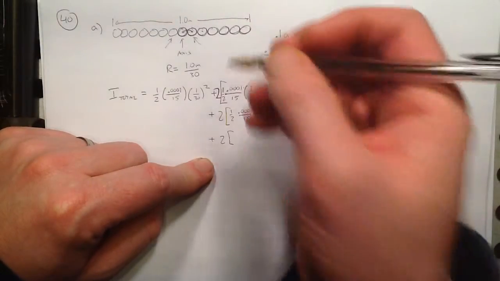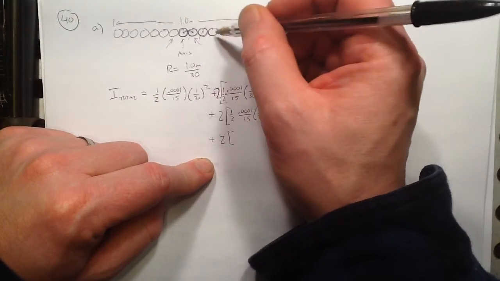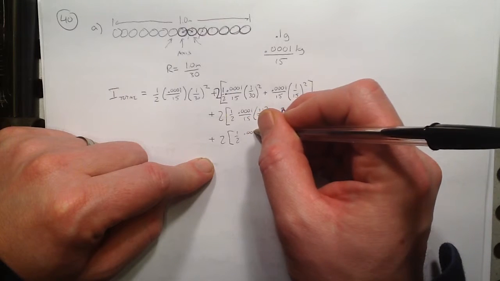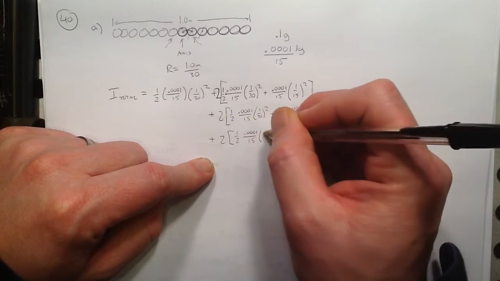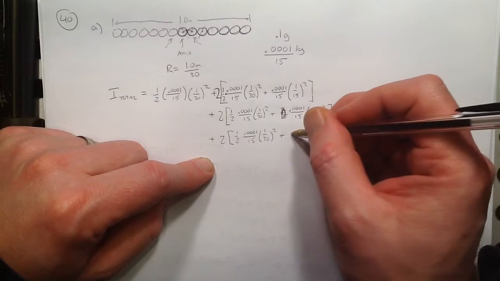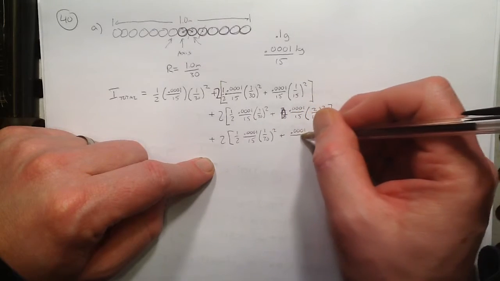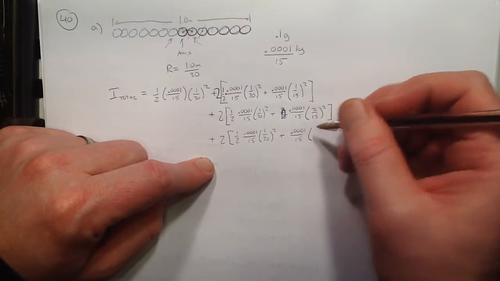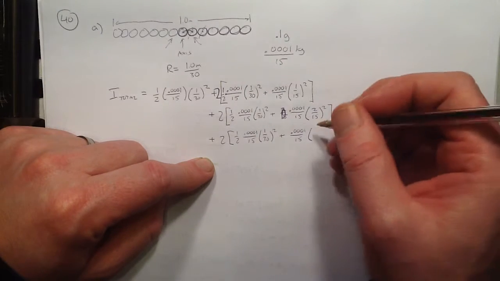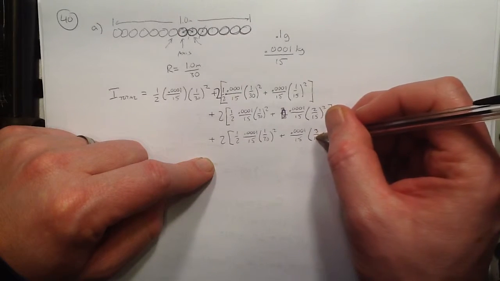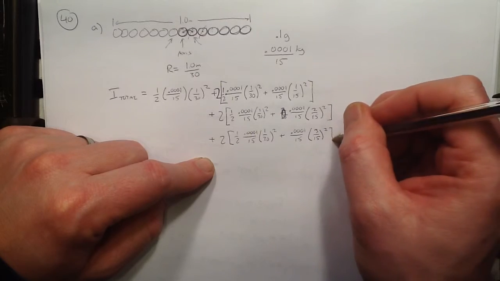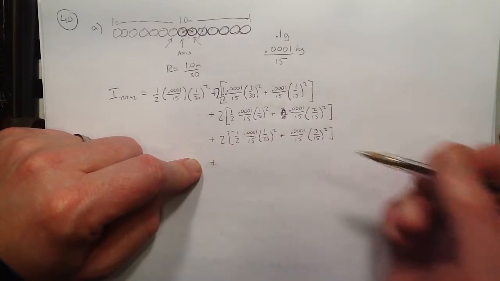next ones. So let's see, I've done those, now up to this one here. 1/2 mr squared plus m, and now I'm shifting 1, 2, 3 diameters, or 3/15 squared, and then you get the idea.